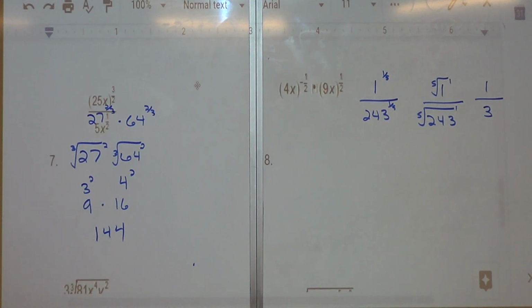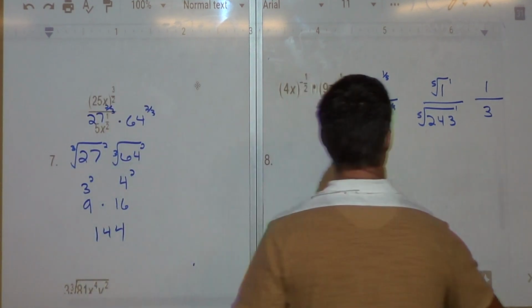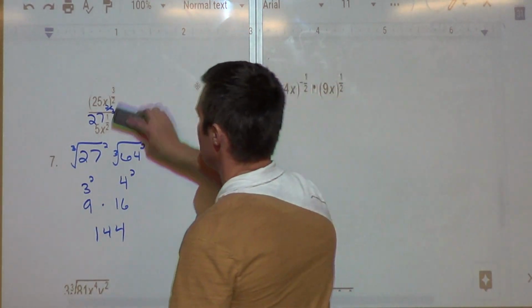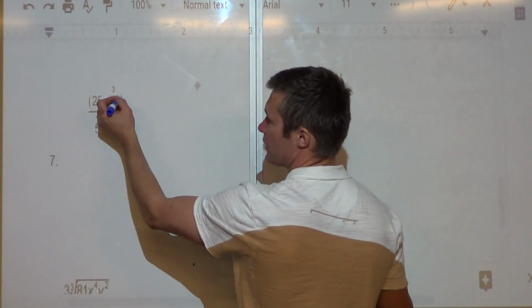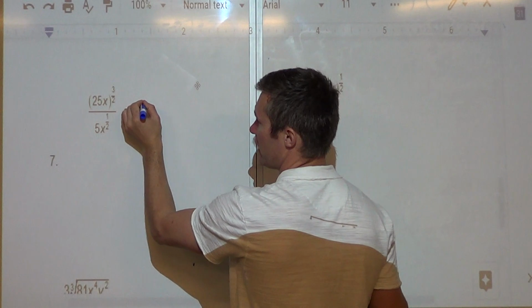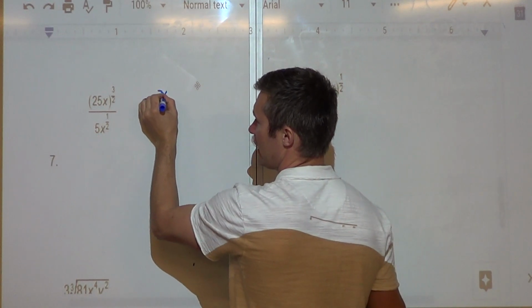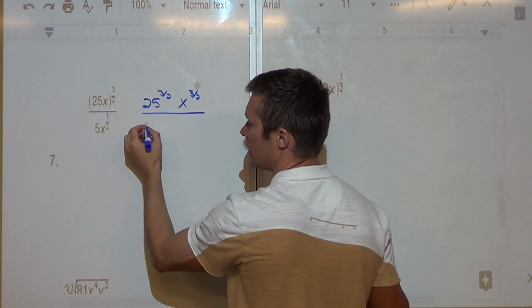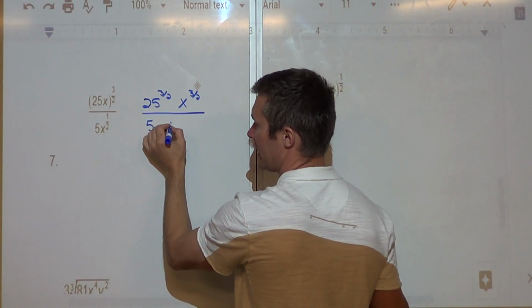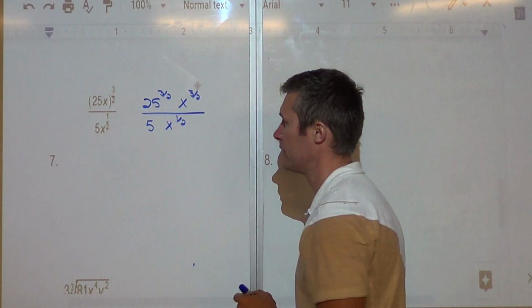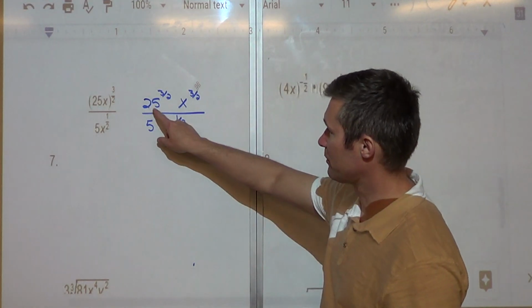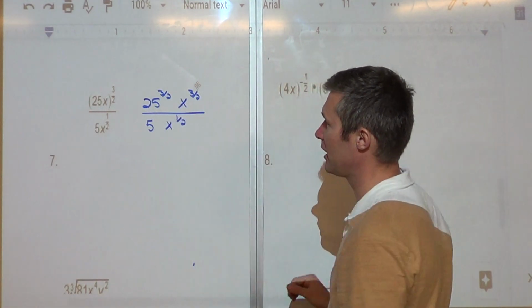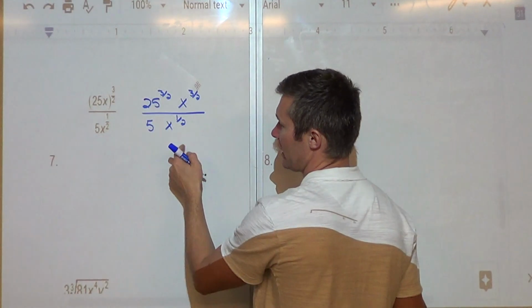So now we start combining both exponents and numbers. So same thing, this 3/2 power is going to go to 25 to the 3/2 power and x to the 3/2 power. Over, we have 5, and then x to the 1/2 power. So first of all, what I do is simplify this one right here. 25, okay, let's look and see what it has.